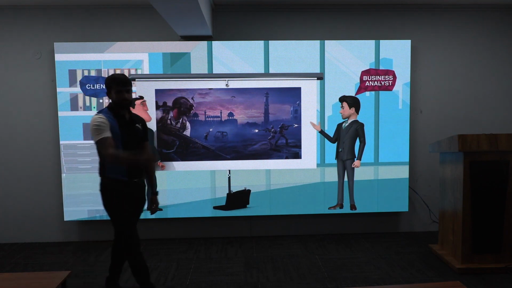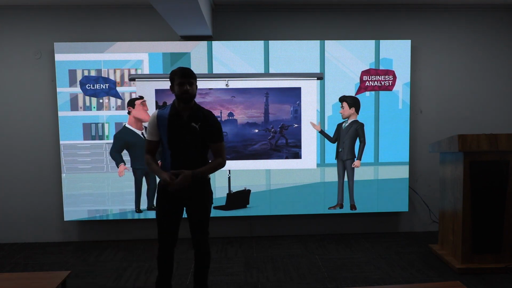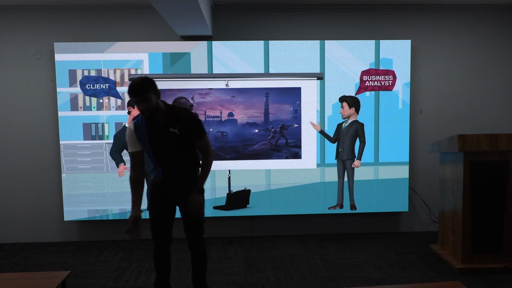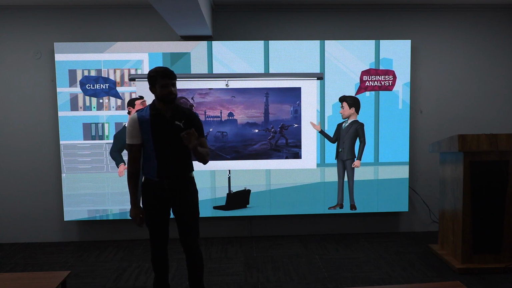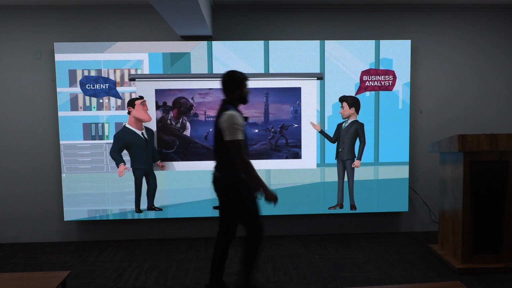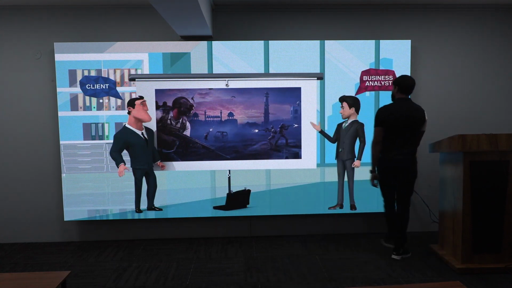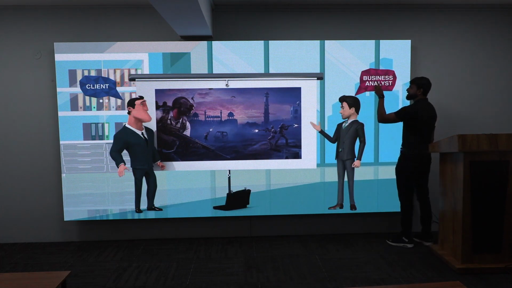If you go to Infosys, Narayan Murthy will not come with a red carpet. If you go to Wipro, Azim Premji will not come. Then who will come? There is one guy in an IT company known as the business analyst. He will welcome you.